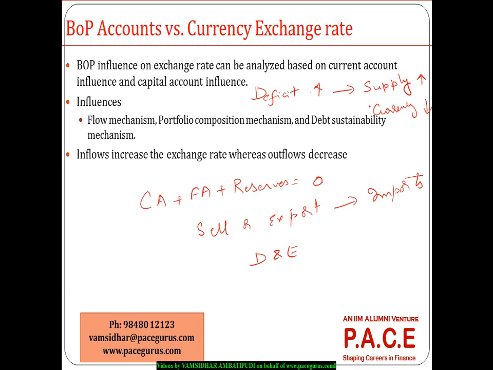So even from that perspective, the countries need to take utmost care in balancing the kind of cash inflows that are coming in, because there is a huge influence of the balance of payments on the exchange rates of the currencies.